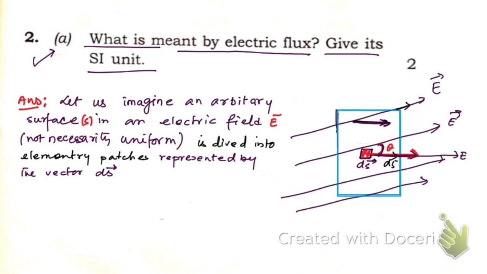The product of E cos theta and this area ds gives the flux through this small patch. This is a small area, which can be written as E dot ds, right?